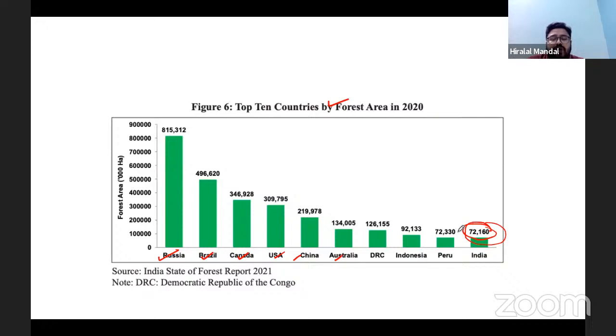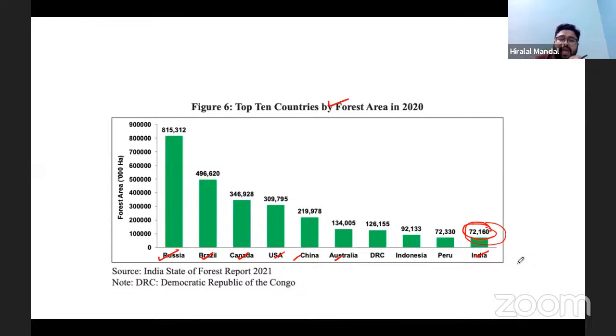Which of the following countries can be counted among the top 10 countries in terms of forest cover, or in terms of forest area. So if you look at forest area, India is at 10th. So that is the information that we need.